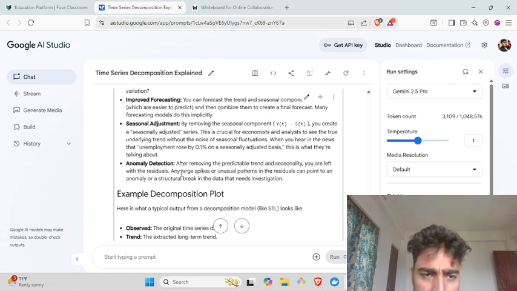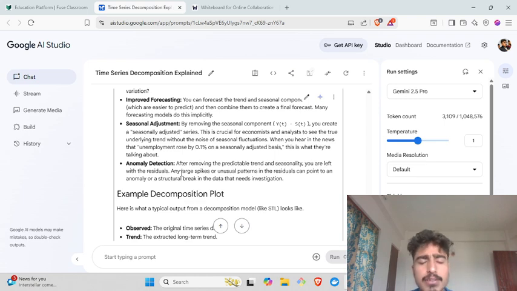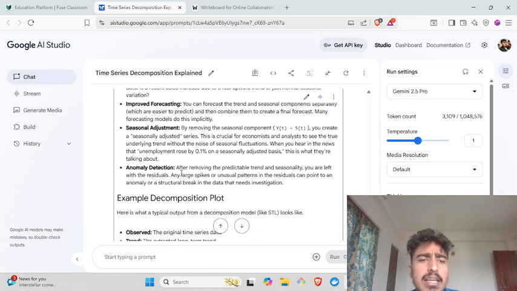Here you can see a seasonal adjustment, where over the time series we have deducted the seasonal component. Time series decomposition helps us in seasonal adjustment.